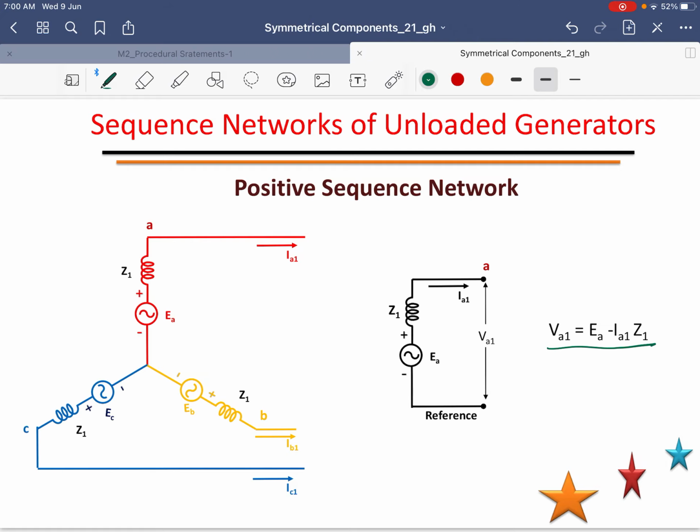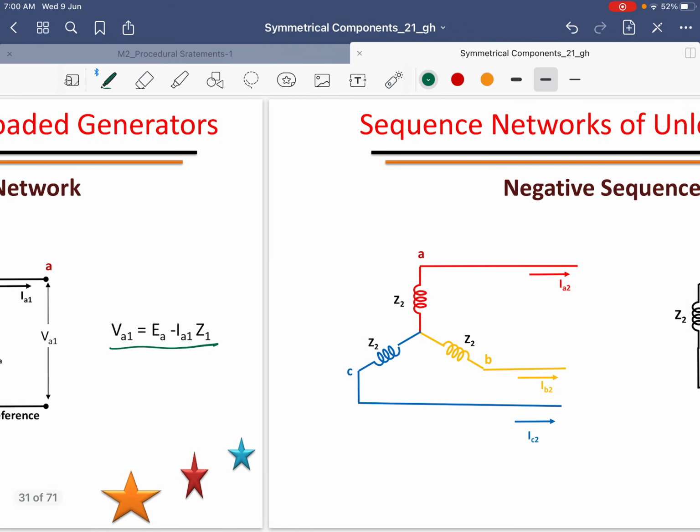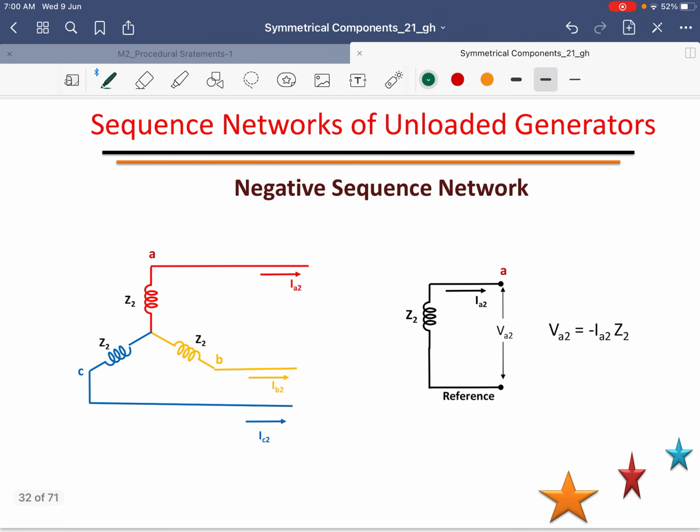Then we have to draw the negative sequence diagram. In the negative sequence network diagram, we have a negative sequence current in all the three phases, that is IA2, IB2 and IC2. Magnitude wise, IA2, IB2, IC2 are equal, but the phase displacement is once again 120 degrees.